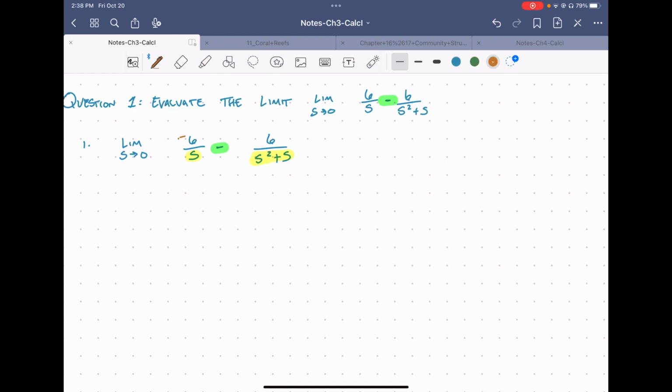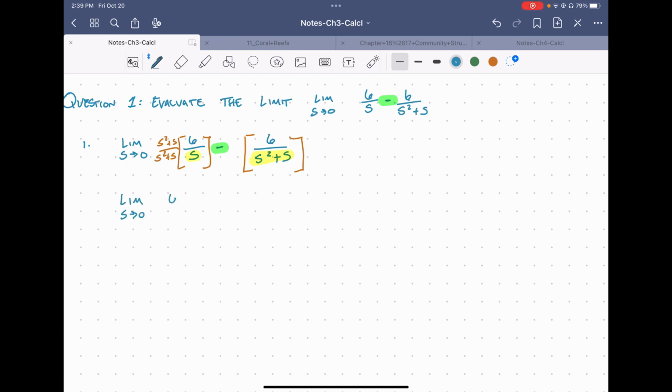So I'm going to multiply the opposite term with the denominator from the other. So for the first term, I have the s, but I need the s squared plus s. So I'm going to write s squared plus s over s squared plus s, and then I'm going to multiply that through. So rewrite this.